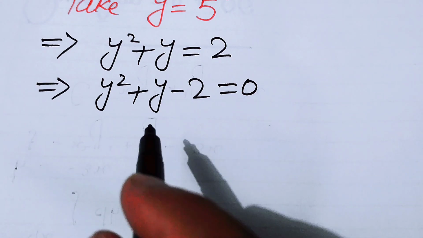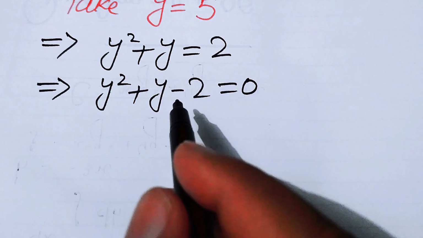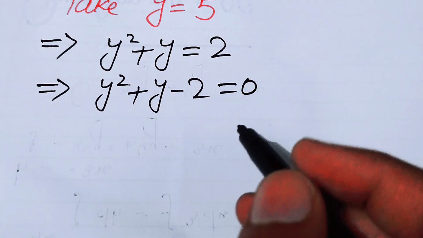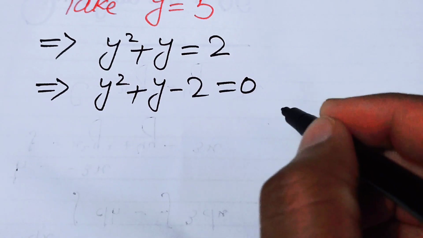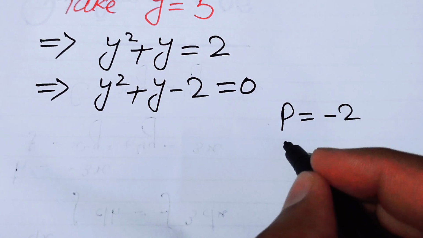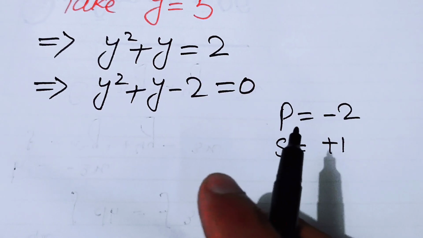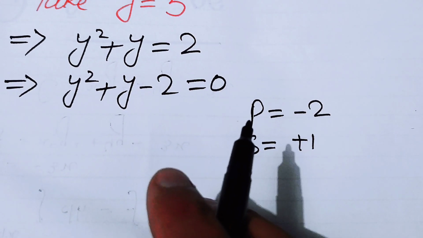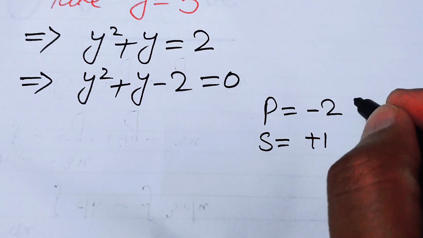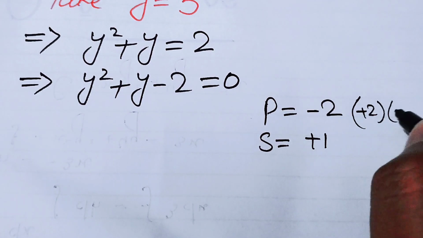So here we need any two numbers whose product is minus 2 and whose sum is plus 1. These two numbers are plus 2 and minus 1.